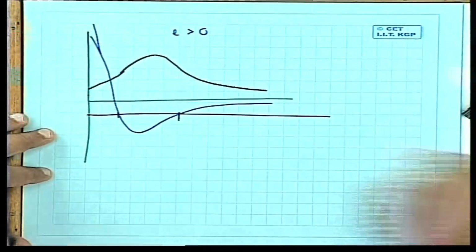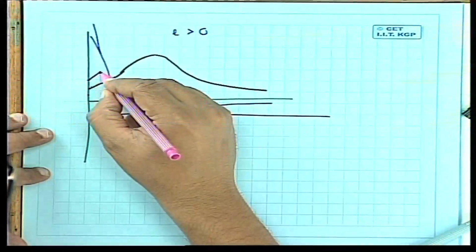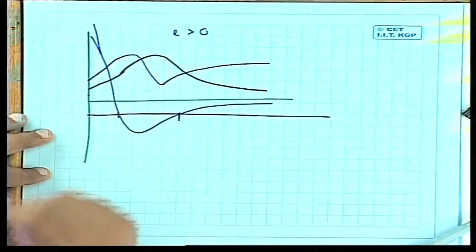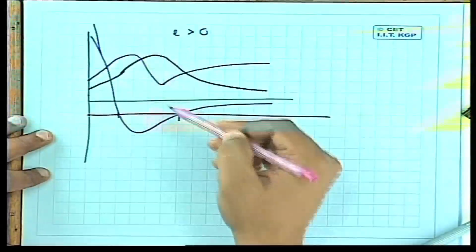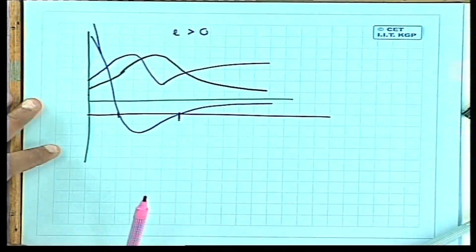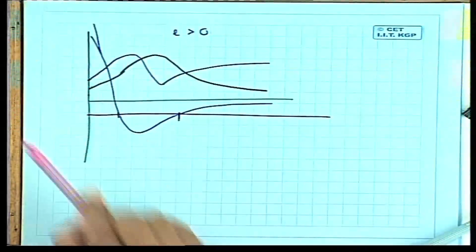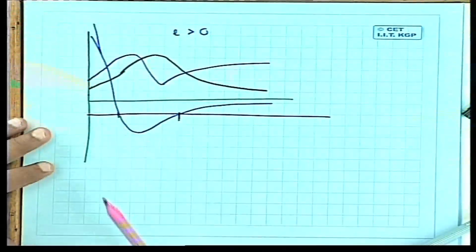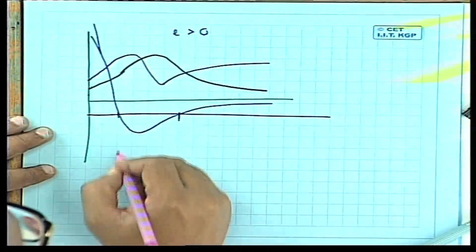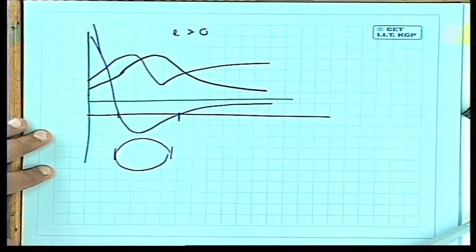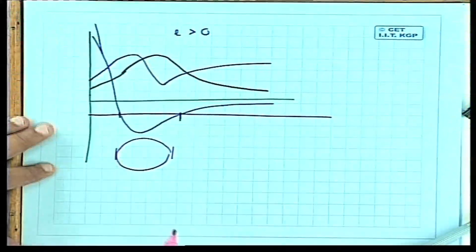The first excited state will again start from 0 and then it may have one 0 crossing and then it will die away exponentially, and the second excited state will have two 0 crossings. But the key difference is that in the situation where L is equal to 0, the wave function was more concentrated towards the origin, whereas in this case the wave function is largely restricted to this region over here, and the probability of finding the particle near the origin is much lower.